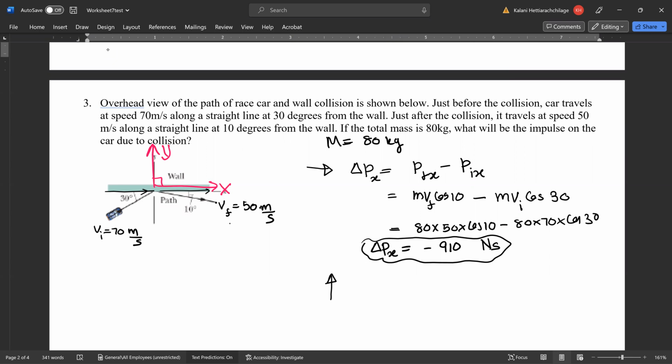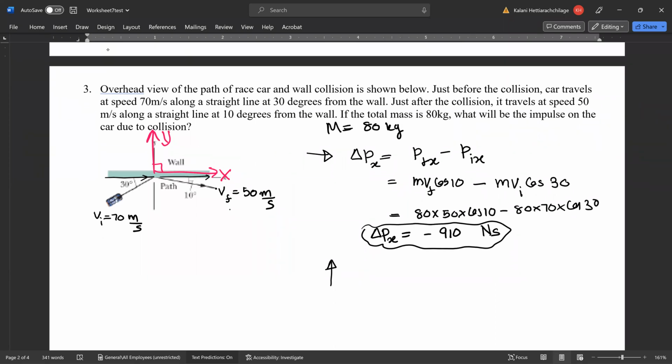I'm writing it for the object only because I need to calculate the impulse for the object, which depends on one object, not on the two, right? So now I'm going to write it for the y direction. Change of momentum in the y direction is equal to final momentum in the y direction minus initial momentum in the y direction.